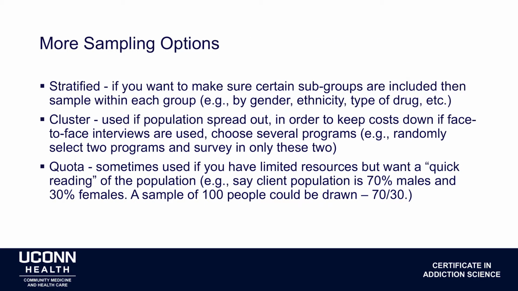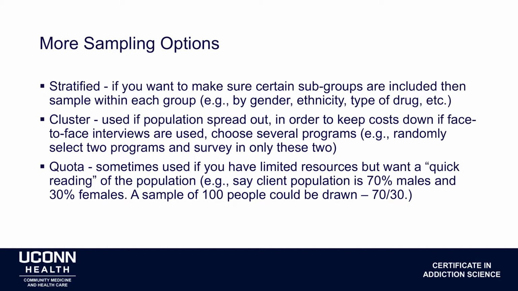More sampling options include a stratified sample. Do you want to make sure certain subgroups are represented? If, for example, you have clients with a variety of different ethnic backgrounds, and some backgrounds are predominant, other backgrounds are only a few people.